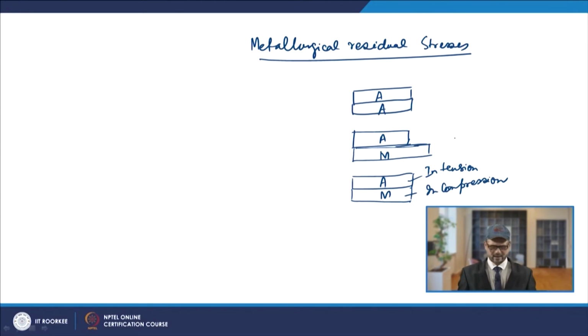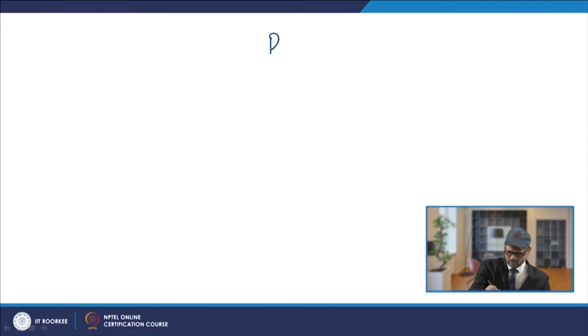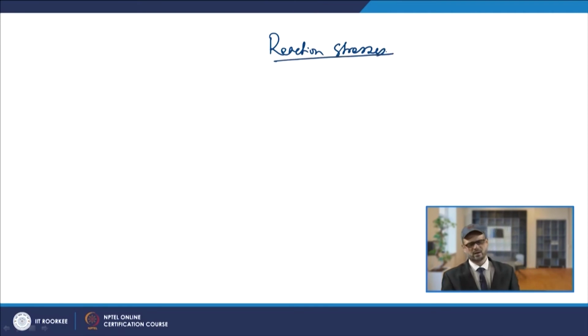Now, the other type of stress which we also discussed was the reaction stress. In the case of reaction stresses, as we discussed, it is because of the constraint, or the restraint, to the thermal expansion and contraction which is offered when we do the welding.